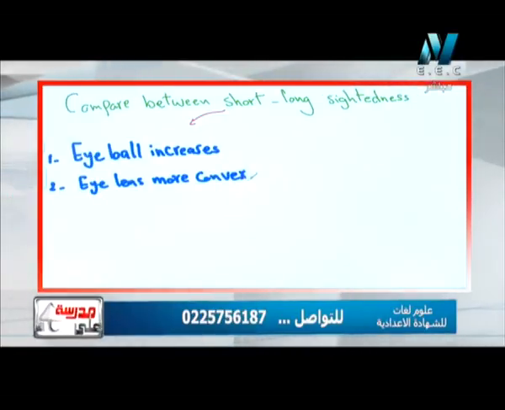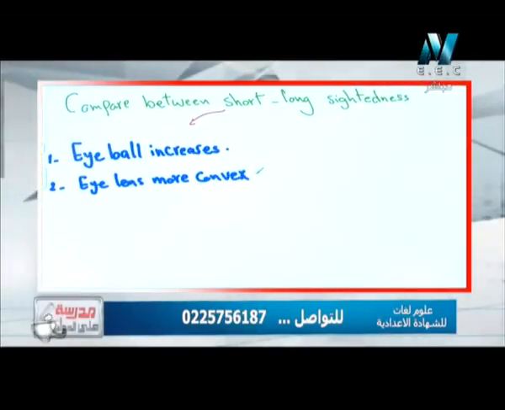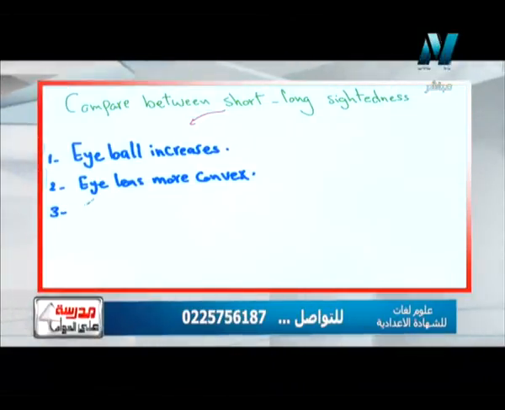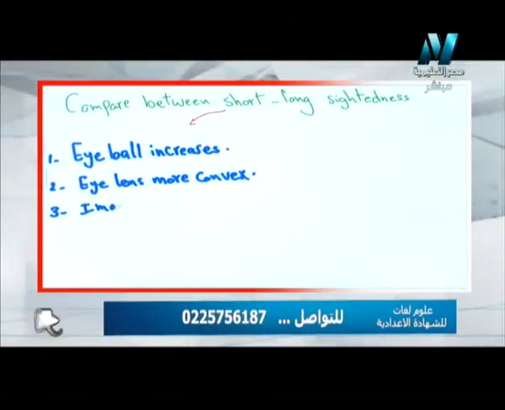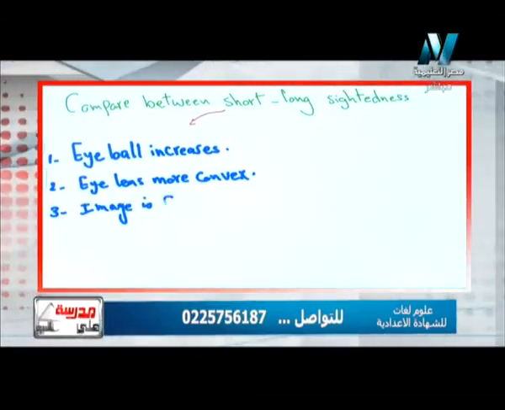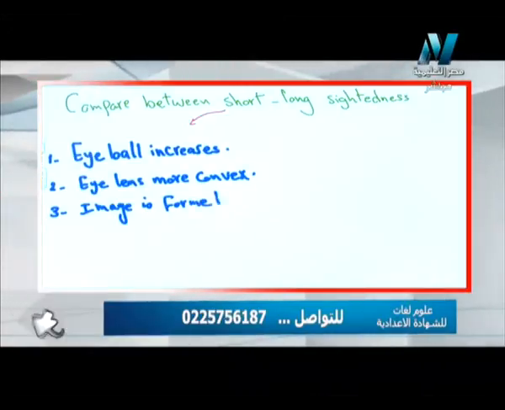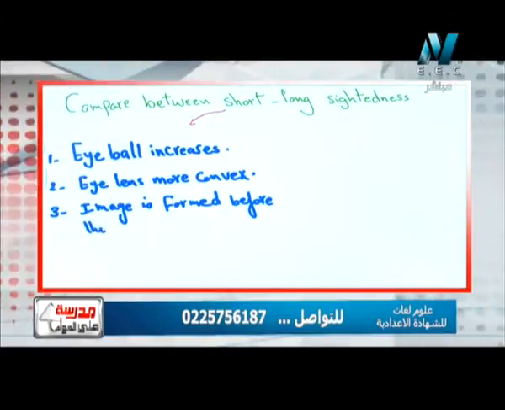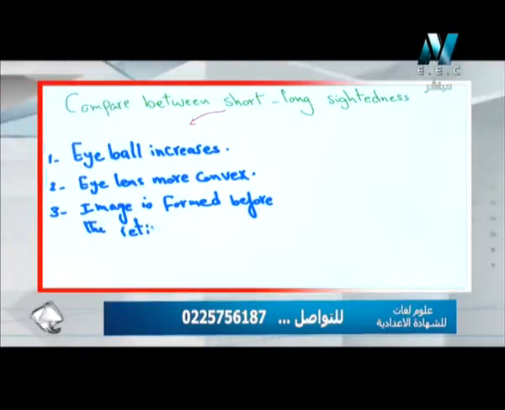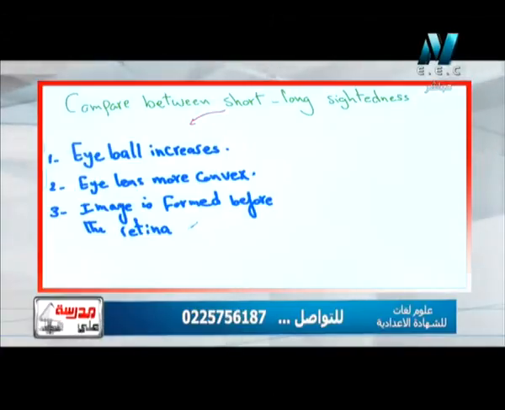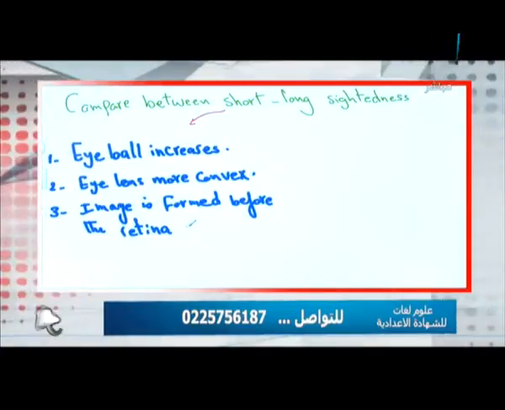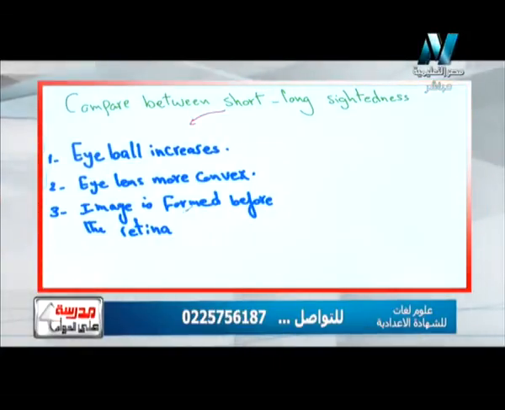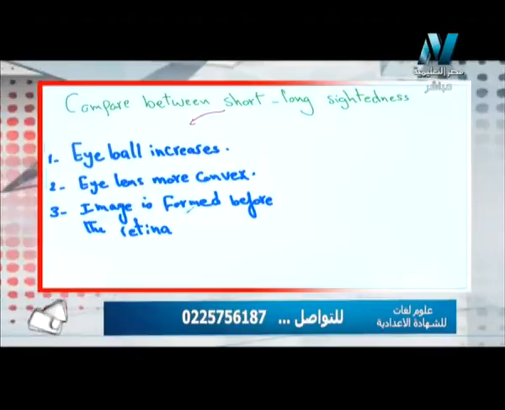And we know a convex lens converges the light rays. So the image is formed before the retina. What is meant by retina? In Arabic, it is the شبكية. The image should be formed on the retina, but here the image is formed before, or in front of, the retina.